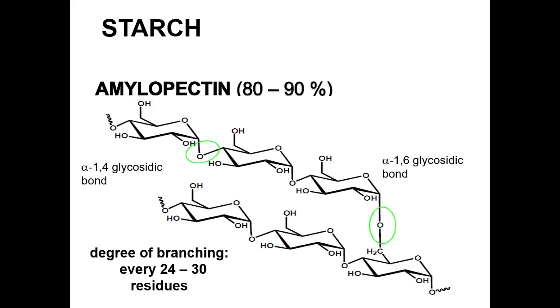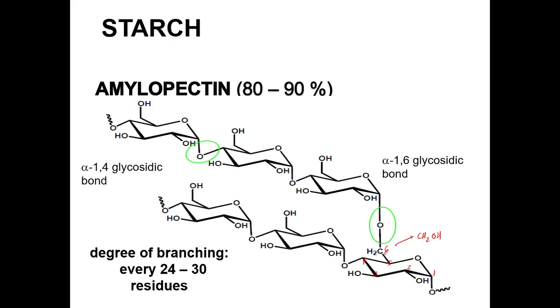Para magkaroon ng branching, dapat magkaroon muna ng bond between the alpha 1,6. Ano ibig sabihin ng alpha 1,6? Ito kasi is, if we will count this is your carbon 6. This is carbon 1, 2, 3, 4, 5, 6. So, itong carbon dito, originally, that is CH2OH. So, itong O dyan is, dyan din nagkaroon ng site ng glycosidic bond.